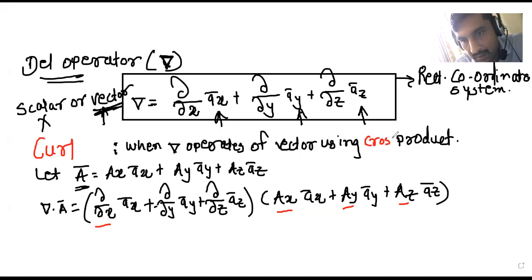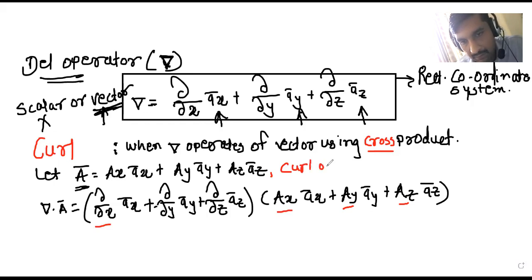You just have to highlight the change. In the earlier case, it was dot product. Here I am writing cross product, right? So when del operates on a vector quantity using cross product, it is called a curl. Once again, I will take the example of vector a bar, which is equal to ax a bar x plus ay a bar y plus az a bar z. And you can say here curl of a bar.